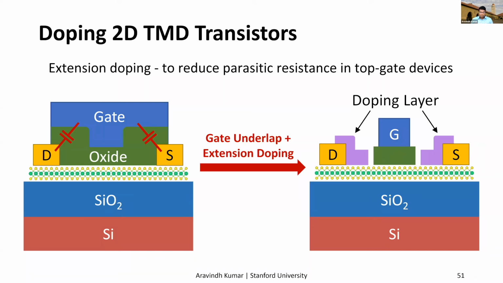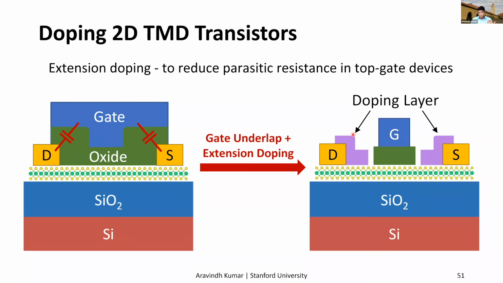There was some recent work at last year's IEDM where they did top gated bismuth contacted transistors and they got good contact resistance. The back gate is still the best, but if you want to adopt this for logic and go to top gates, having gate overlap helps. But if you don't want to overlap the gate, then we have to develop these extension doping schemes.